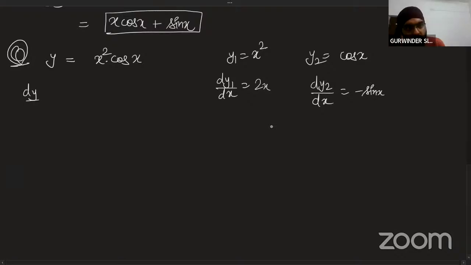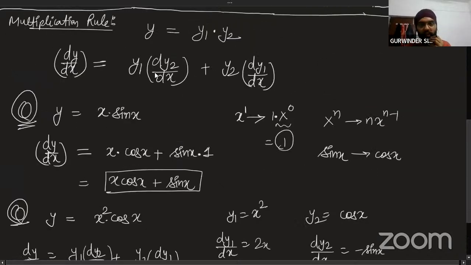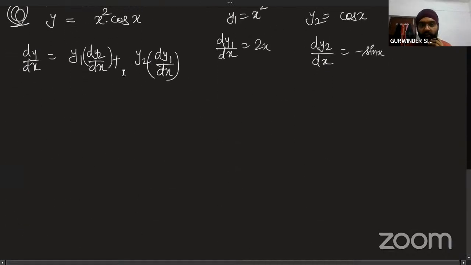So dy by dx is equal to y1 into dy2 by dx plus y2 into dy1 by dx. Okay, take the derivative of one, keeping the other as it is, and when you take the derivative of the other, keep the first as it is. Like this.